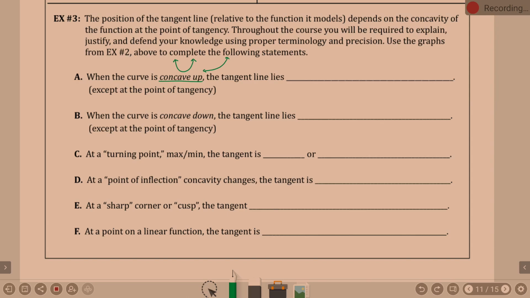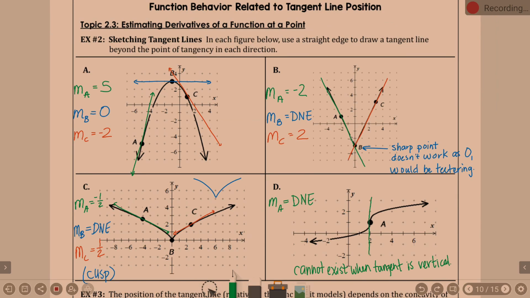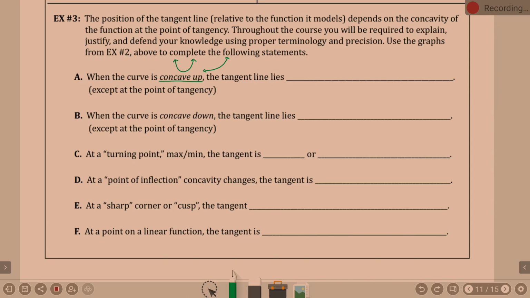With that in mind, when the curve is concave up, where is the tangent line? Do we have any concave up? No. But the idea is, if you look at this parabola, all those tangent lines would be below. Yes. So I have below the curve in my blank.